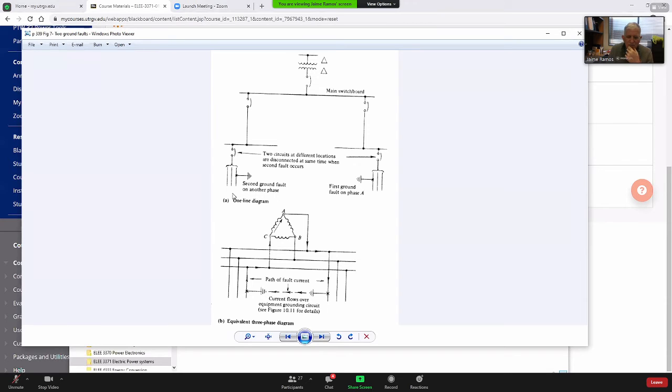But now there is a second fault on phase C. So now we have a line-to-line fault, and then the main breaker is going to operate. So it's kind of tricky, all right?